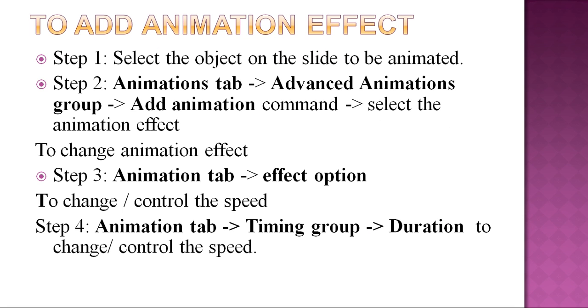This animation effect can be set by selecting the Animation tab. From the Advanced Animation group, you can select the Add Animation command. To change the animation effect, select the effect option from the Animation tab. The speed can also be controlled using the Duration command from the Timing group.